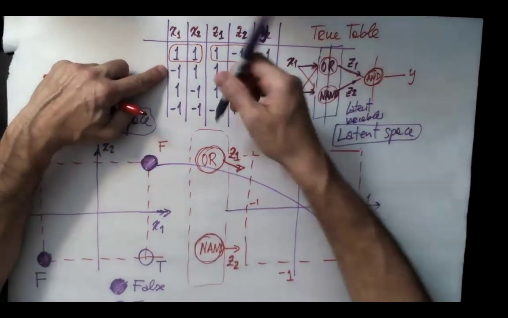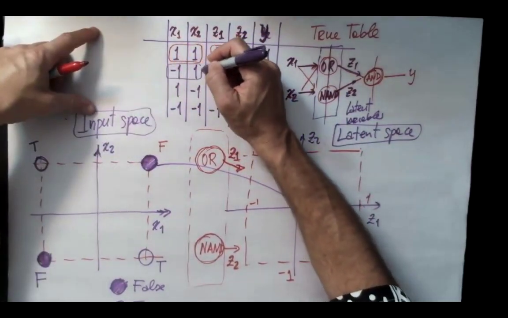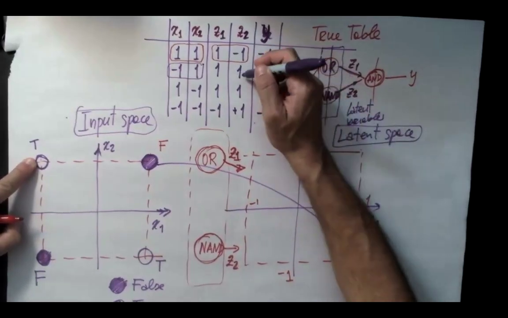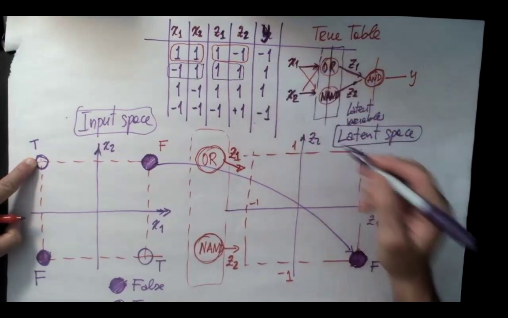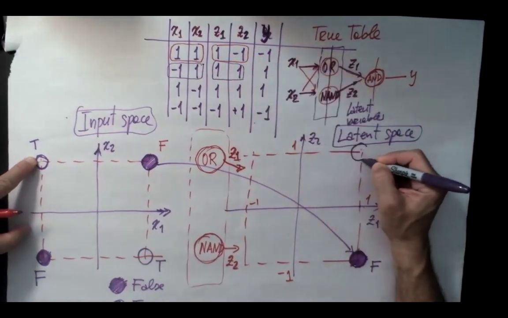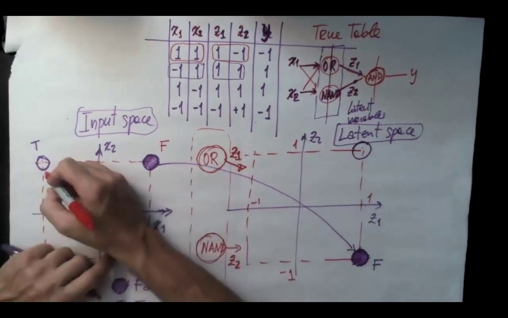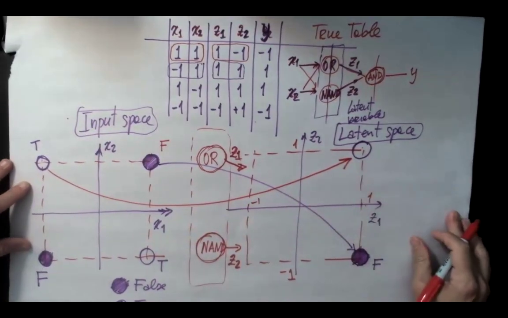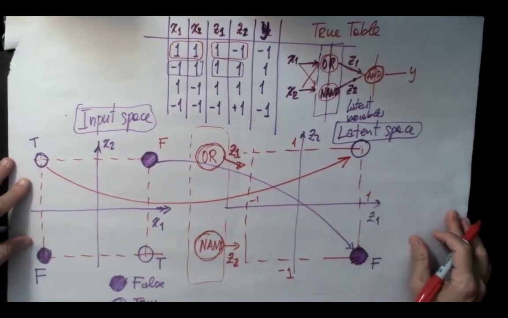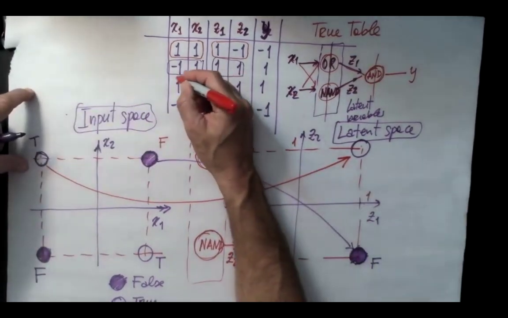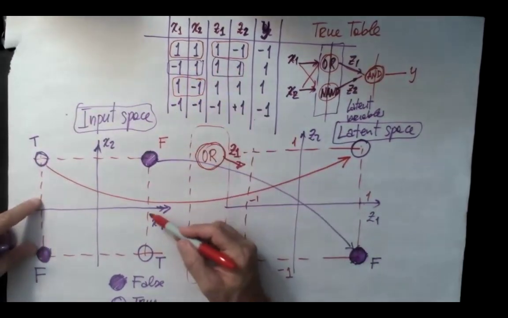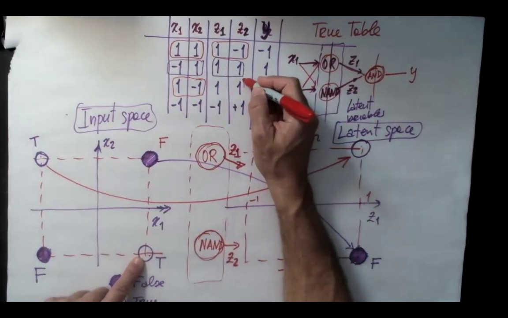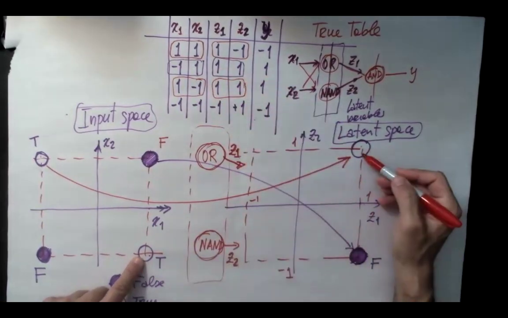Then let's look at the second pair. -1 and 1, it is this, and it is mapped to 1, 1, which is basically here. So this is mapped here. Then let's look at this one. 1 and -1, it is this, and it is also mapped to the same point, 1, 1.